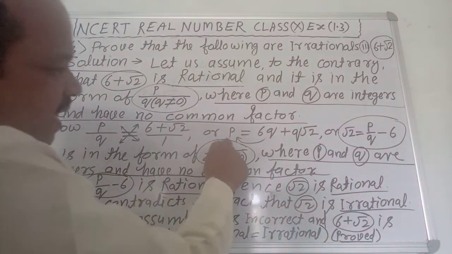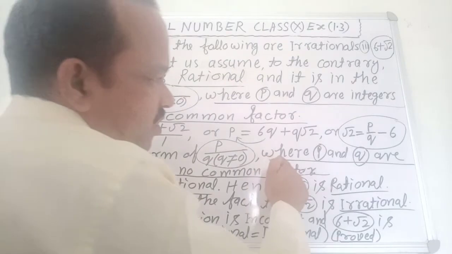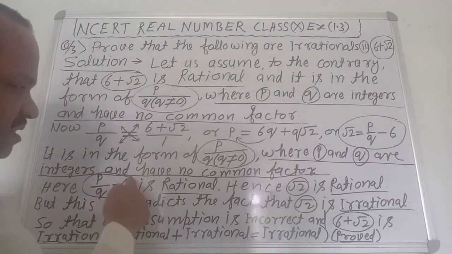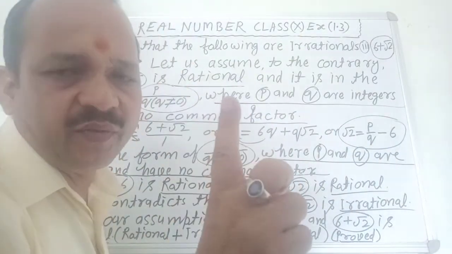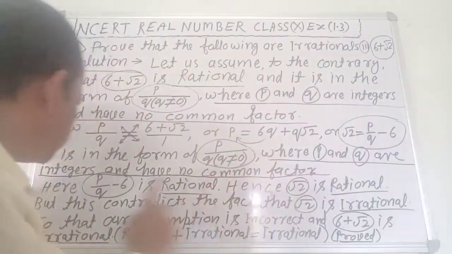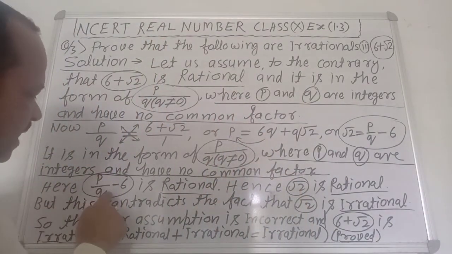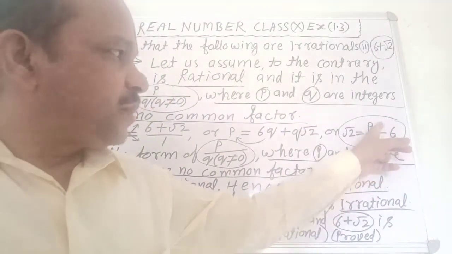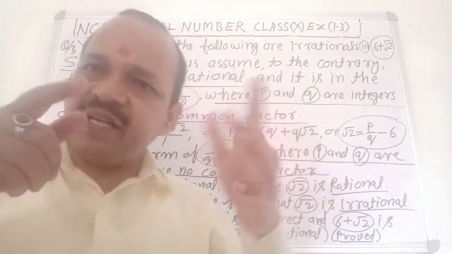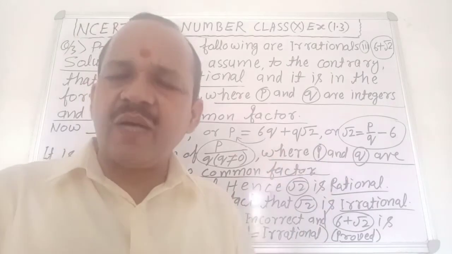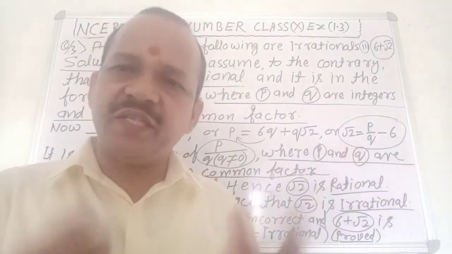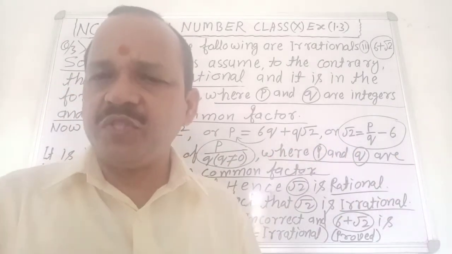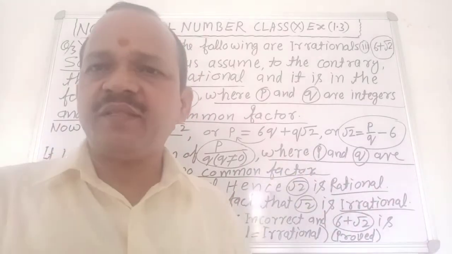It is in the form p by q, q not equal to 0, where p and q are integers and have no common factor. Clear? Here p by q minus 6 is rational, because it is in the form of p by q, where p and q are integers, q not equal to 0 and have no common factor.